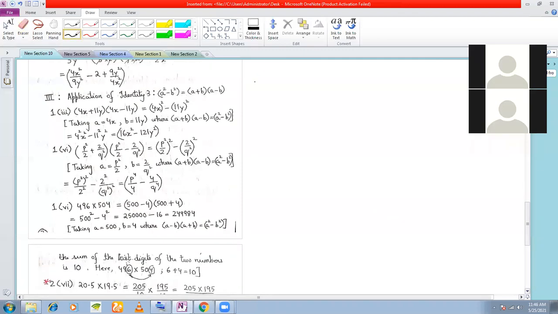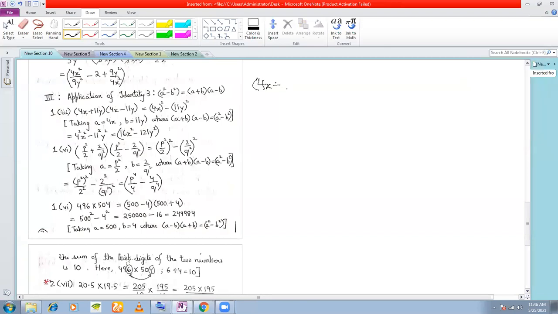Suppose you are given: find the value of 4x plus 11y into 4x minus 11y. You want to find out how to multiply these two together. Now, first, when multiplying these expressions, you must see what you are multiplying. If you take this 4x as a, here also you have a 4x, which you can take as a.